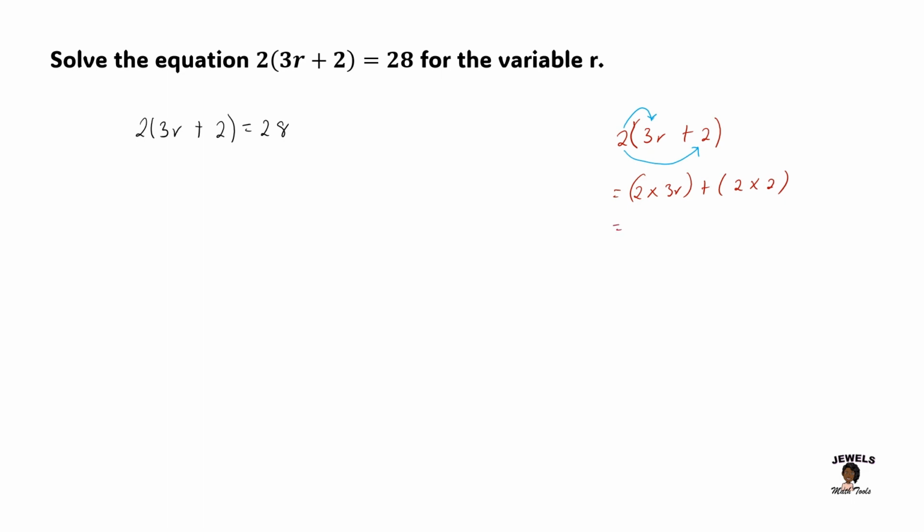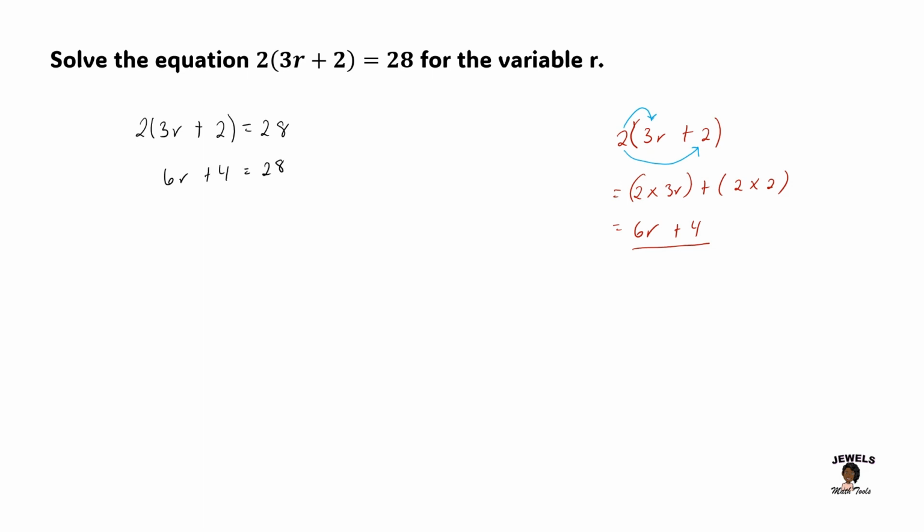And 2 times 3r will equal 6r, remembering that we multiply the numbers and keep the variable. And then when we multiply 2 times 2, this will equal 4. And remember that because 6r and 4 are unlike terms, we will not be simplifying that expression any further. So we're now going to return that back to our equation.